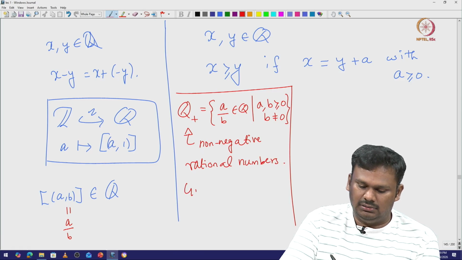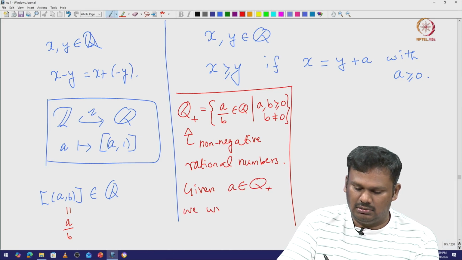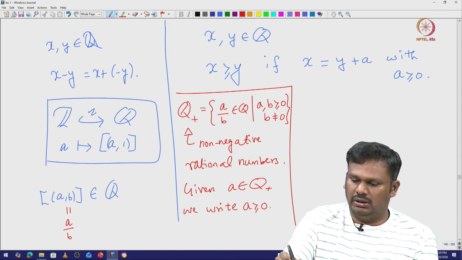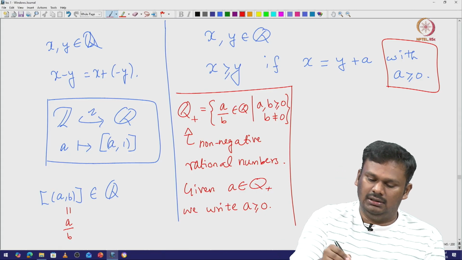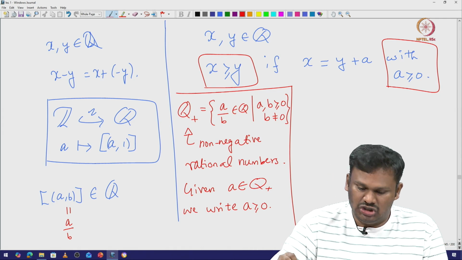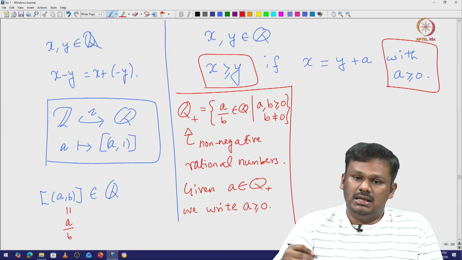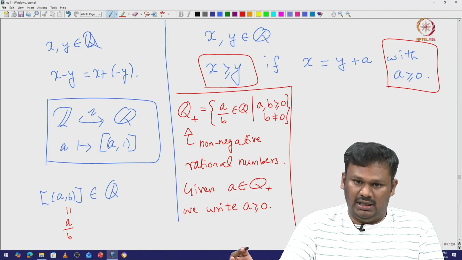Now, given a in Q plus, we write a is greater than or equal to 0. That is what I have used here, and this defines an order on Q, and one can again check that this order satisfies the basic properties of order that we have seen for integers.